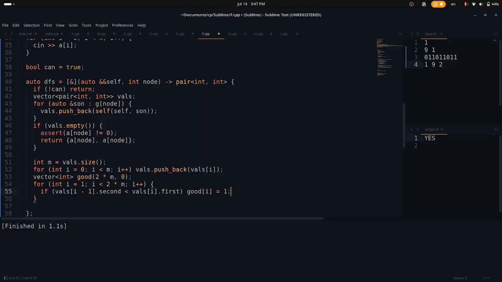Good of I is equal to 1, else no. We don't need to consider anything else.